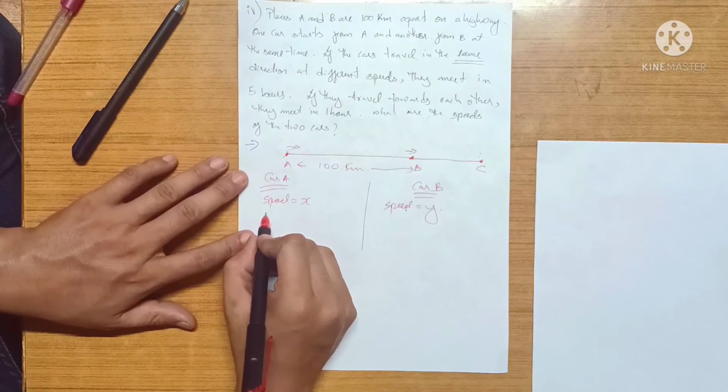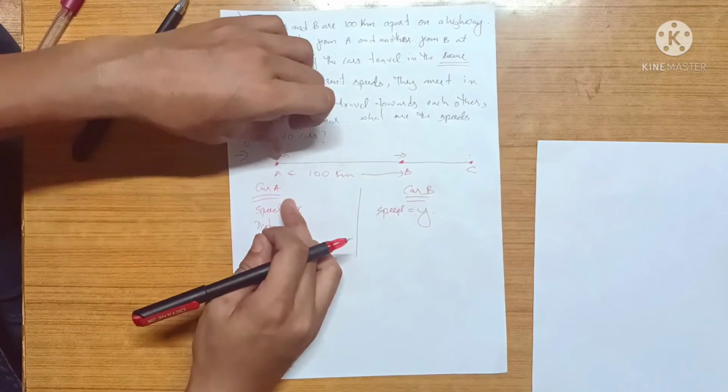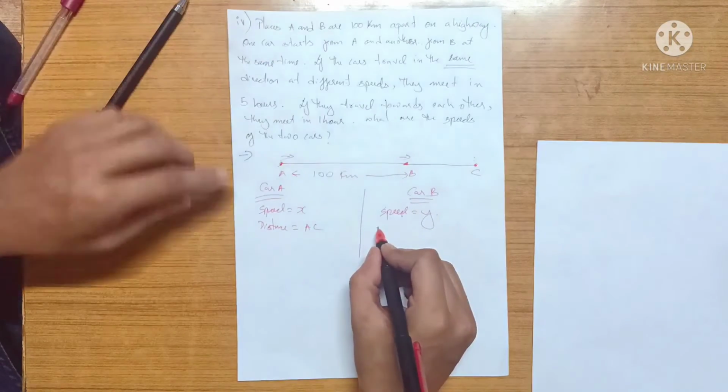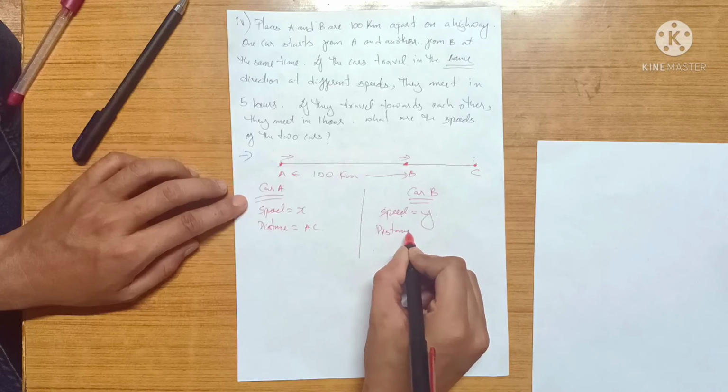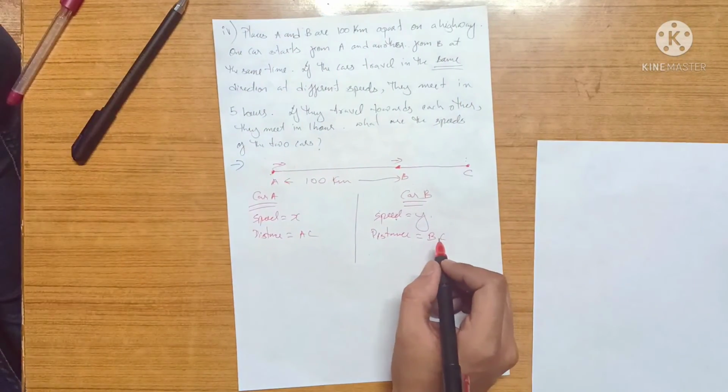The distance traveled by car A is from A till C, so AC. The distance traveled by car B is BC. From B it got to C.